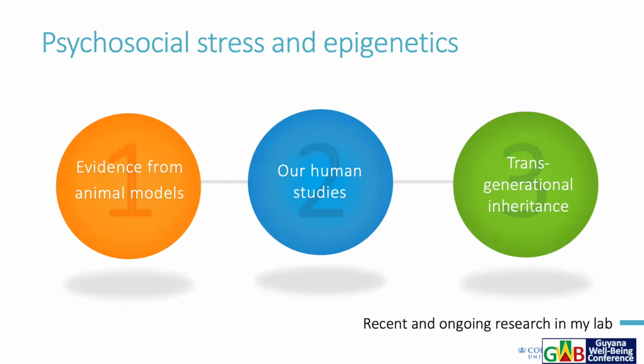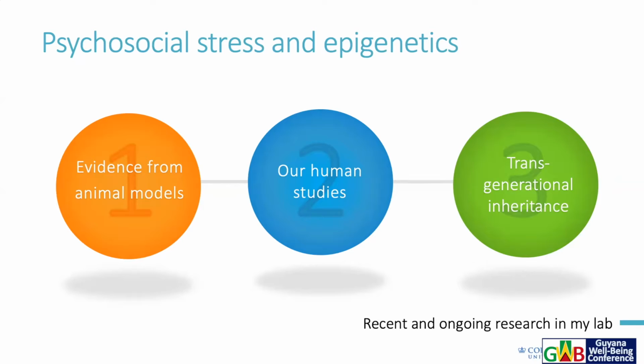Okay, so I would like to cover over the 30 minutes that I have left, three parts. One, I would like to show you how psychosocial stress affects the epigenome and why that is important, using evidence from animal models.